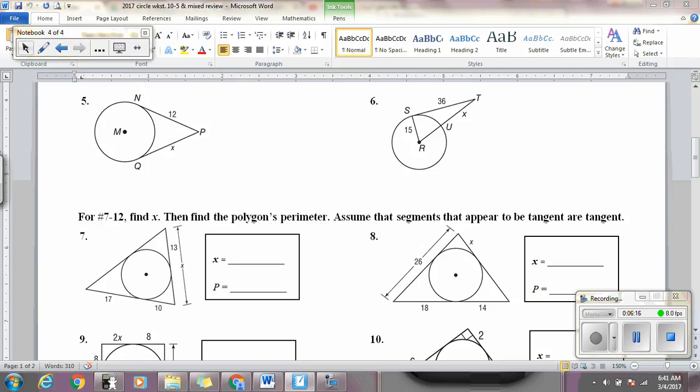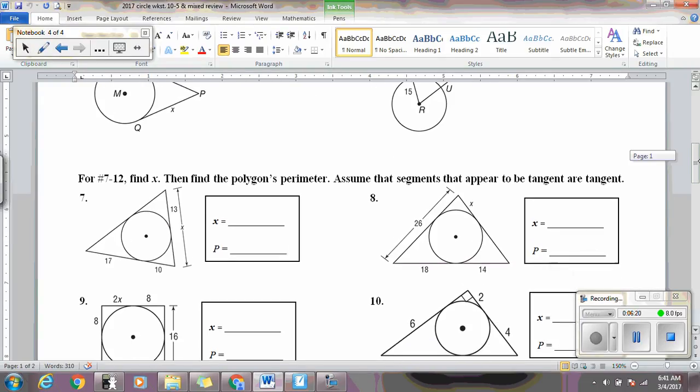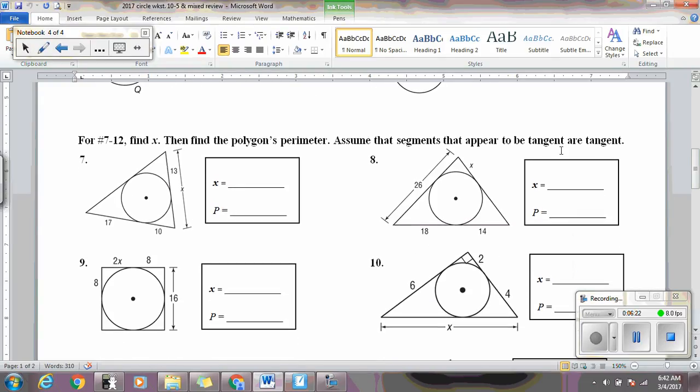For number 7, they would like for us to find X and then find the perimeter of the outer figure. So there's a series of congruent segments. Let's mark them. So I know that this segment is congruent with this segment. So if this part is 13, this part will also be 13. I know that these two segments are congruent.